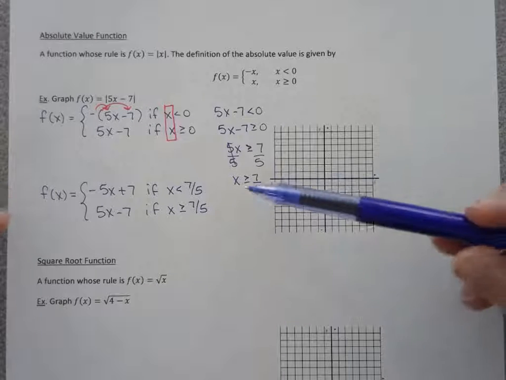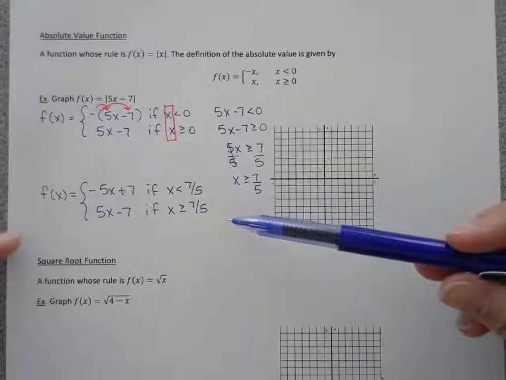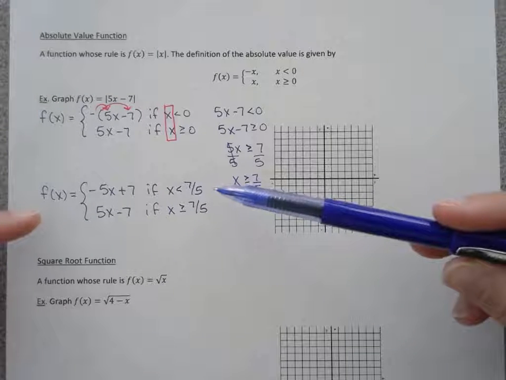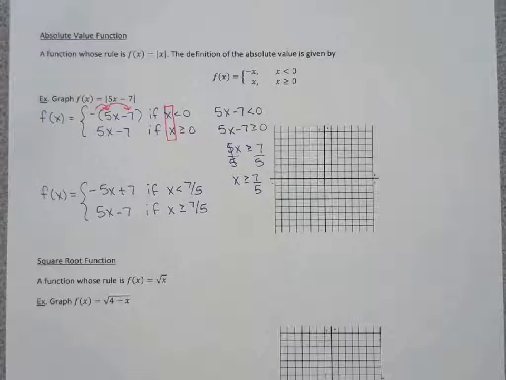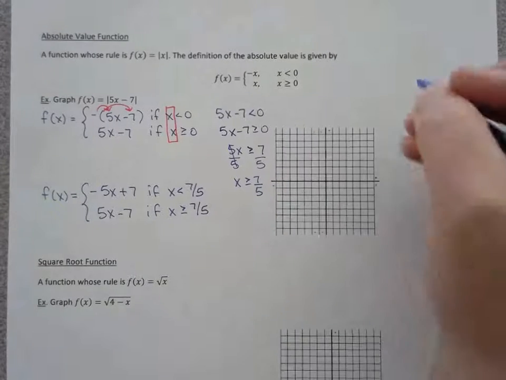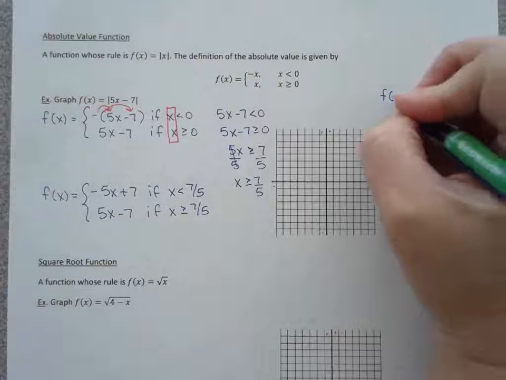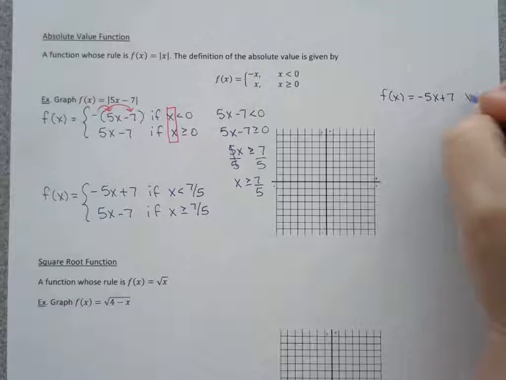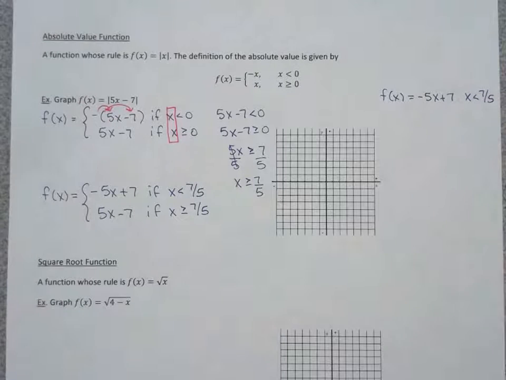Okay, so now from this piecewise function, I'm going to do the same process I did for the last two piecewise functions, look at each one individually and plot my points. So let me show this over on the right side. If we have the negative 5x plus 7, where x is less than 7/5, my starting point is 7/5.